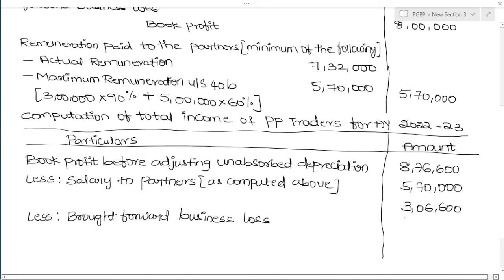So brought forward business loss, actually 8 lakhs but restricted to the income, that is 3,06,600. So write down less brought forward business loss 3,06,600. So your income is 3,06,600. Brought forward business loss is also 3,06,600. What will be your total income? Nil, right? Write down total income nil.